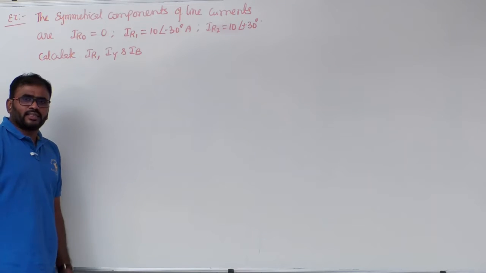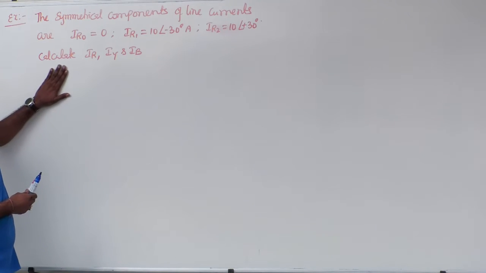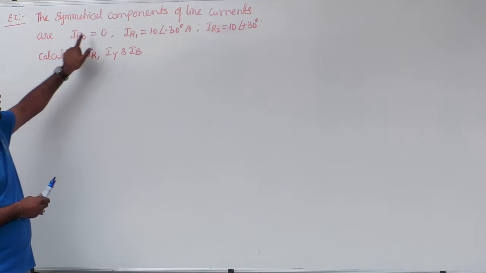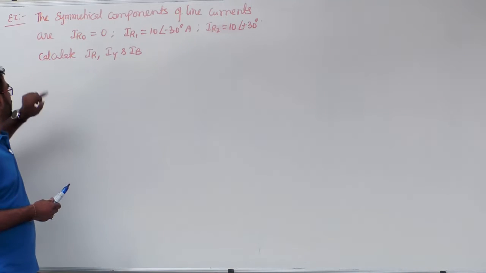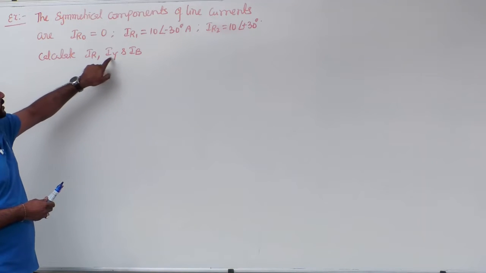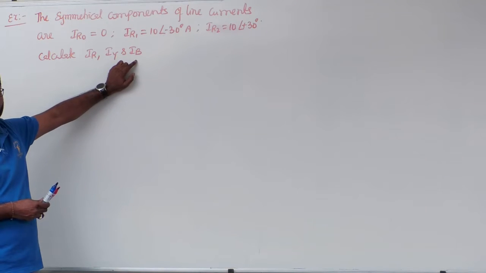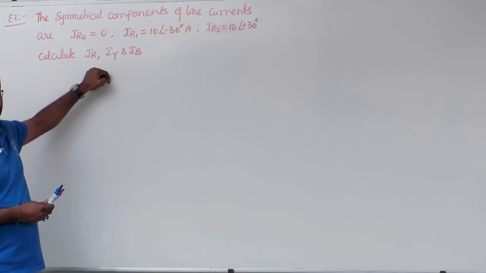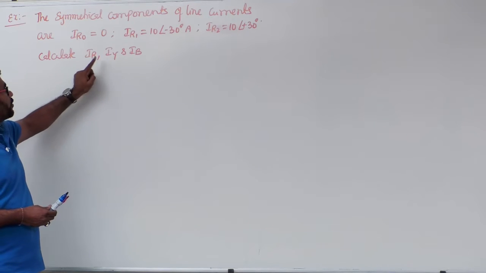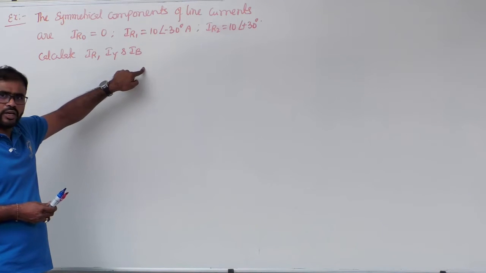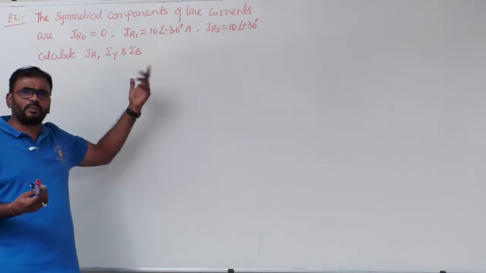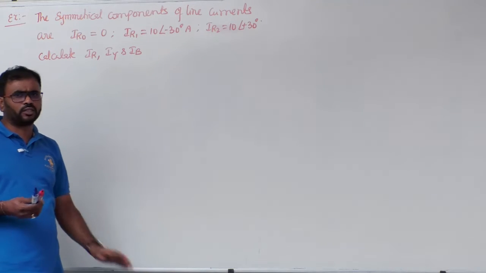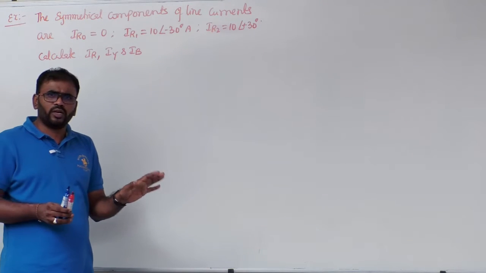Now we will solve this example. The symmetrical components of line currents IR0, IR1 and IR2 are given. Calculate IR, IY and IB. Again, in this question also he has followed the RYB convention, not the ABC convention. No problem, things are the same.